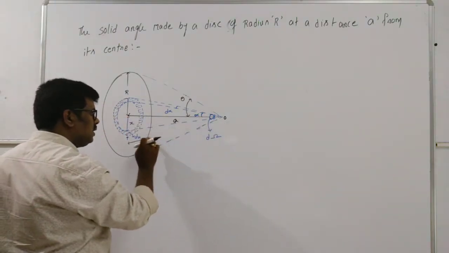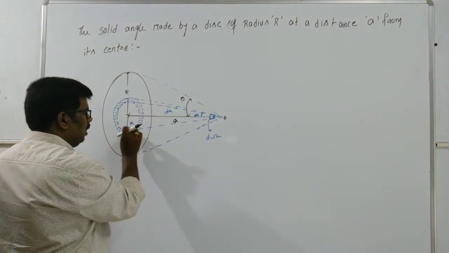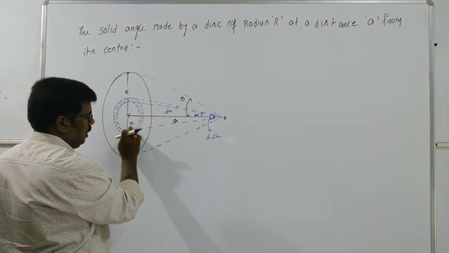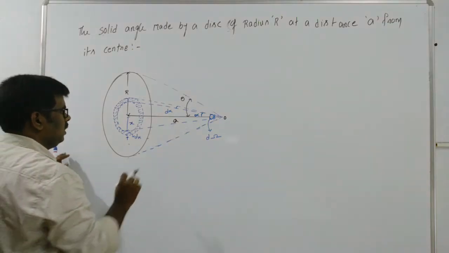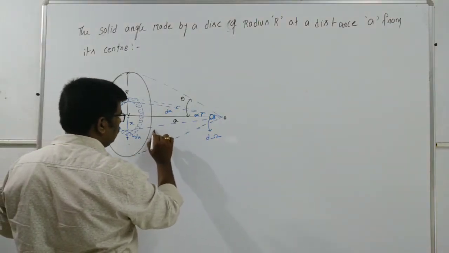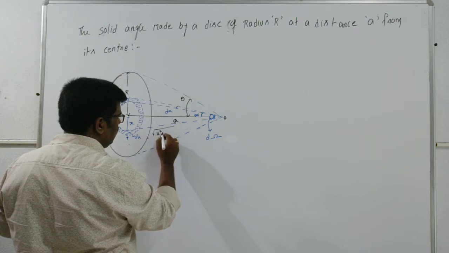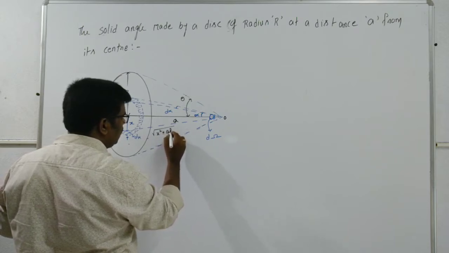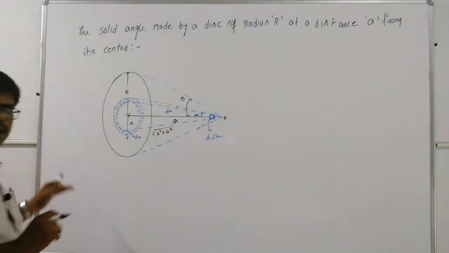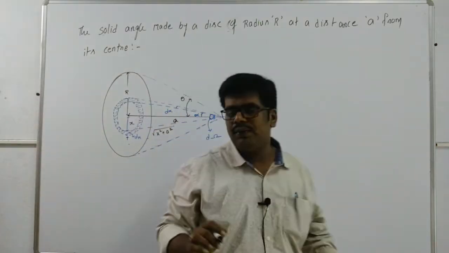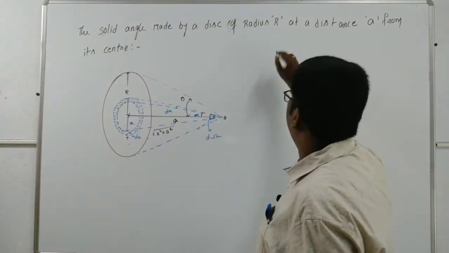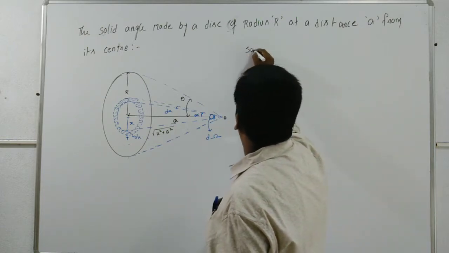The hypotenuse of this triangle is nothing but the square root of x squared plus a squared. Understand?